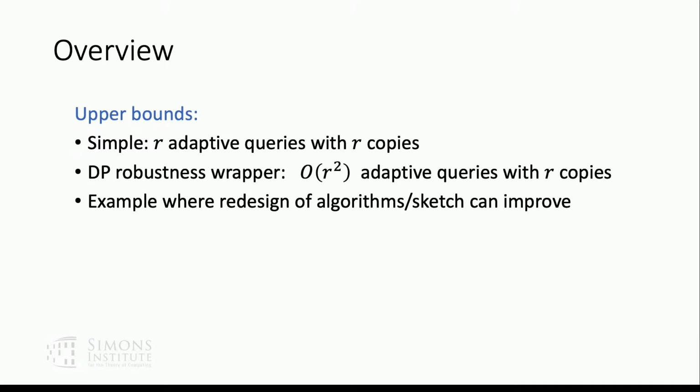So today, I'll review techniques for upper bounds to make algorithms robust. And I think there is some overlap with what Chaim talked about and what Touchable also mentioned. And then I'll give some examples where, if we get into the sketch with Count Sketch and redesign the sketch a little bit, we can get some improvement over that.